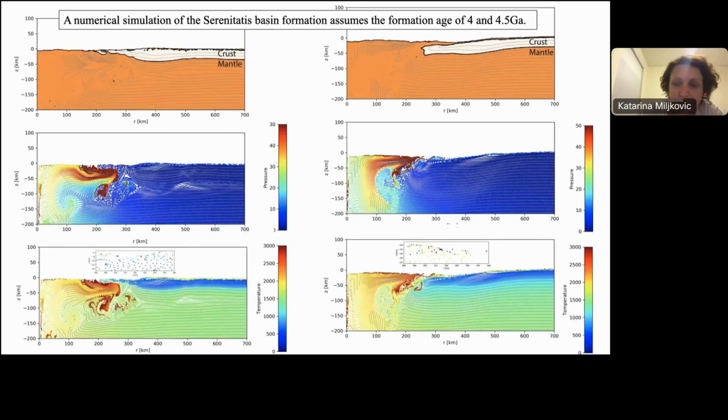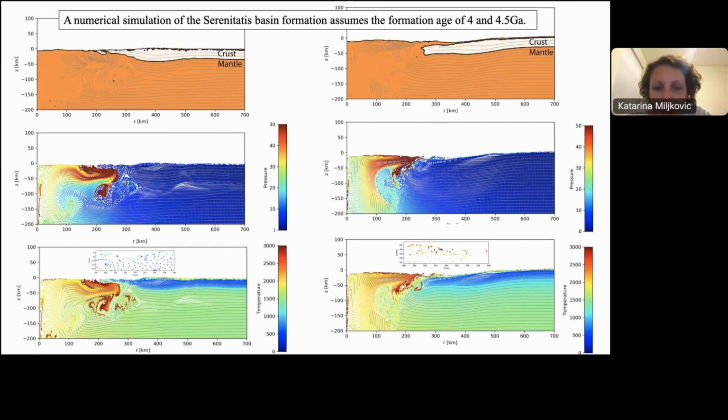What you see here on the left-hand side is one simulation, and on the right-hand side is another simulation, showing different things. The top is stratigraphy, the middle panels are peak pressures, and the bottom panels are temperatures. This is a simulation for somewhere between 4 and 4.5, well, 4.4 billion years ago.